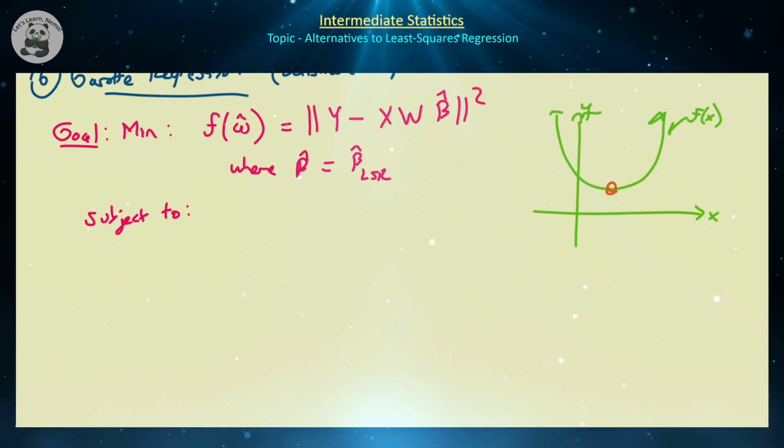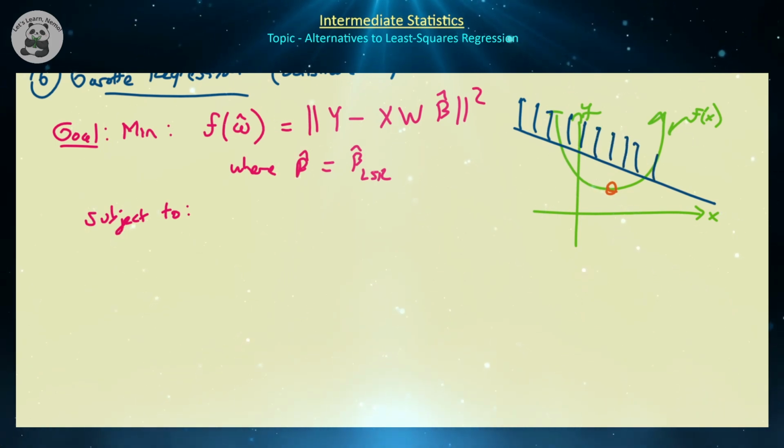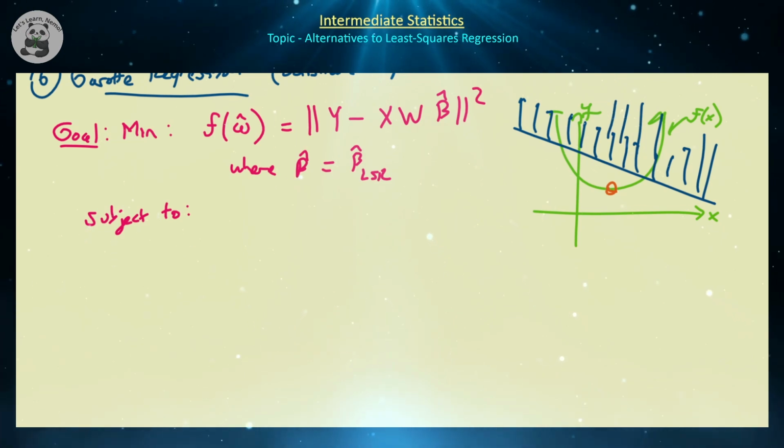But let's assume that we want to minimize with respect to the constraint that all of the values must be above this line, right? So it must be in this shaded blue region. Obviously now, the solution now will be this point there, which is obviously quite different from the original. So that's what we mean by constraint optimizations.